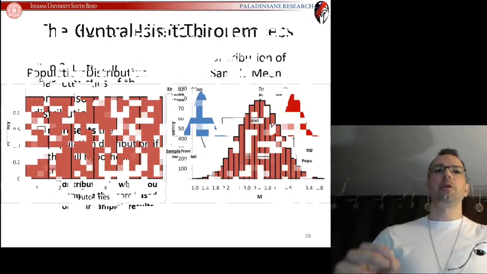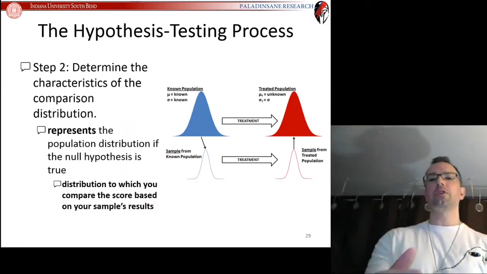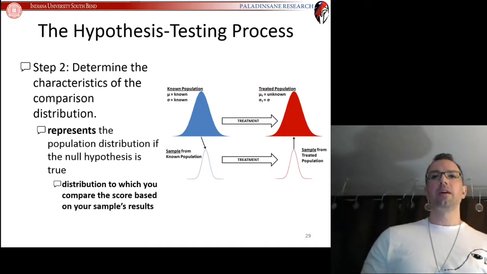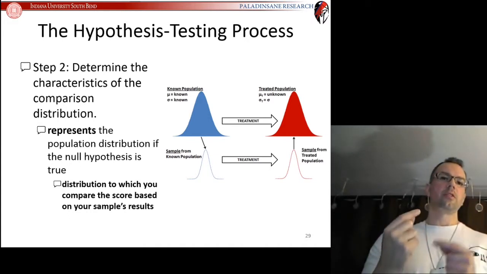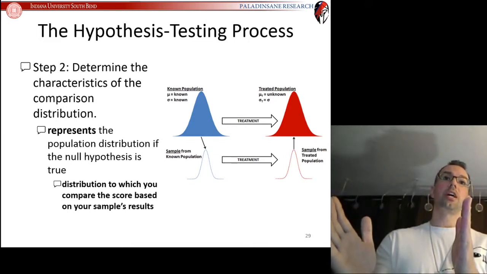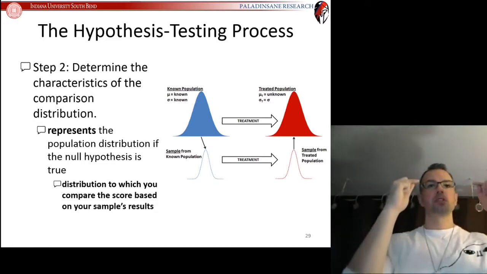So that is the comparison distribution. It's that distribution of sample means. Now your book is going to let you use the population distribution for the time being, because they start you off with sample sizes of 1. But just because we're going to be making this switch later on, I'm going to teach you the correct way first.